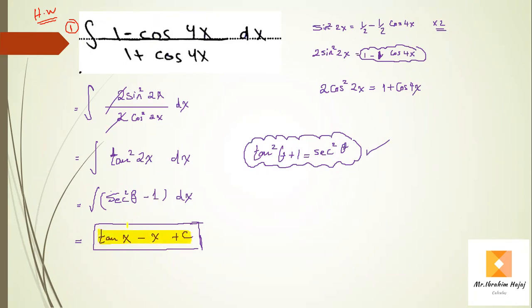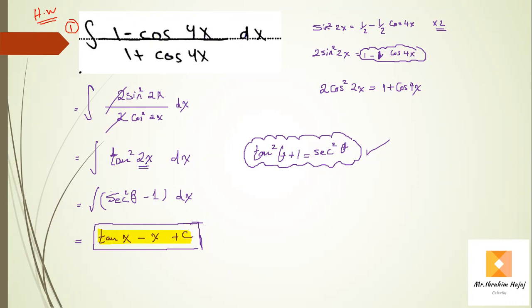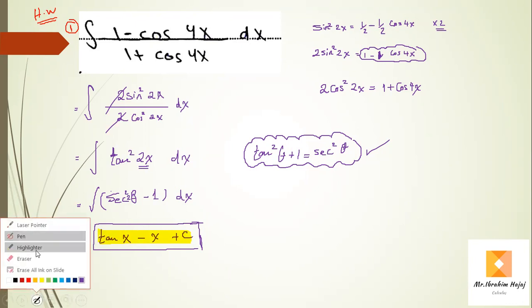Please, guys, send the homework regularly before the periods start. Okay, Mahdi, thank you. I got tan 2x over 2 minus x plus c, is it the same? It's tan 2x because here it's tan squared 2x, so it's secant squared 2x. Mr. Abu Zahra.